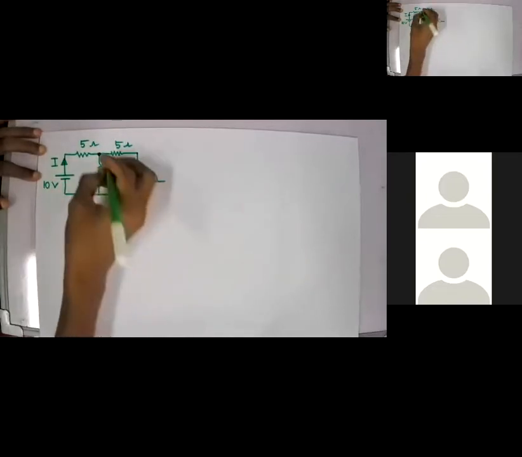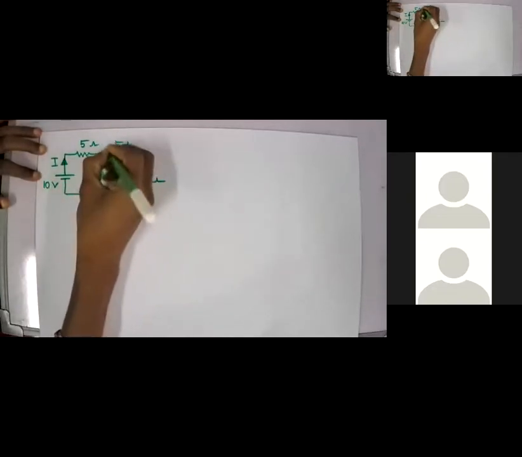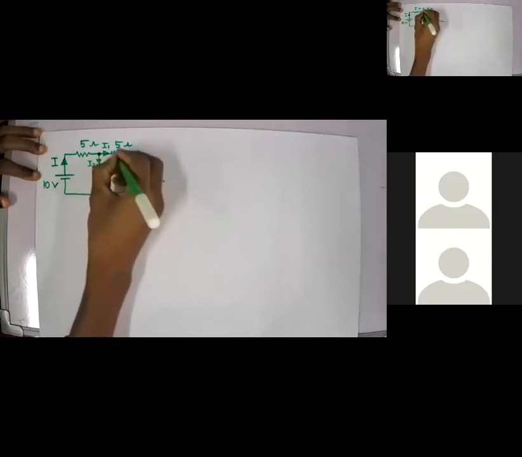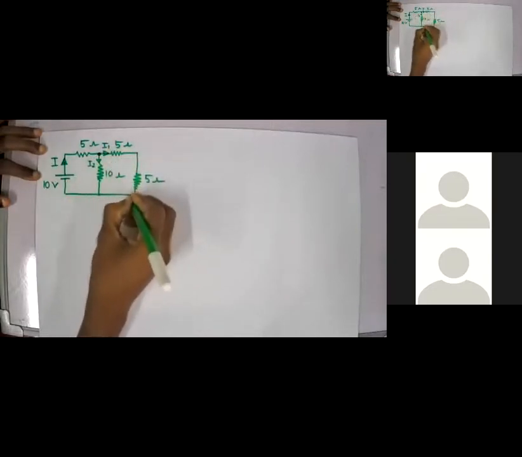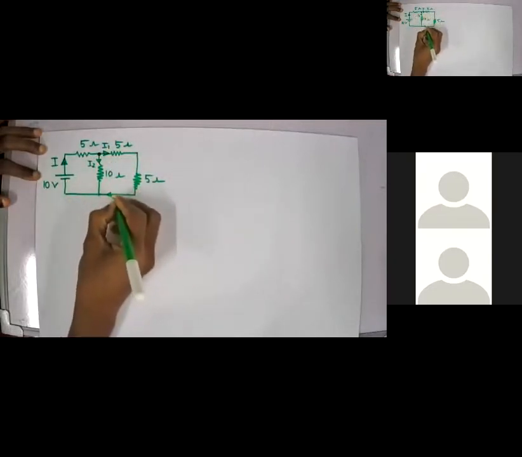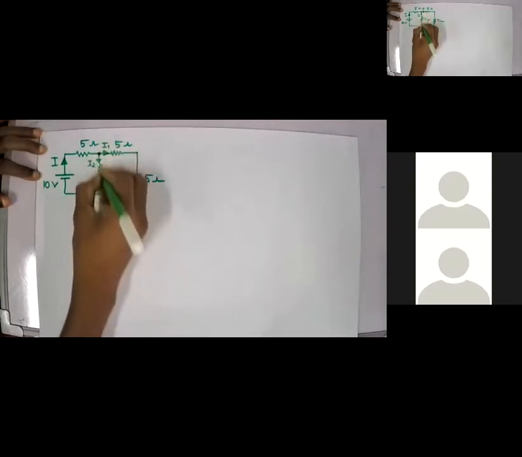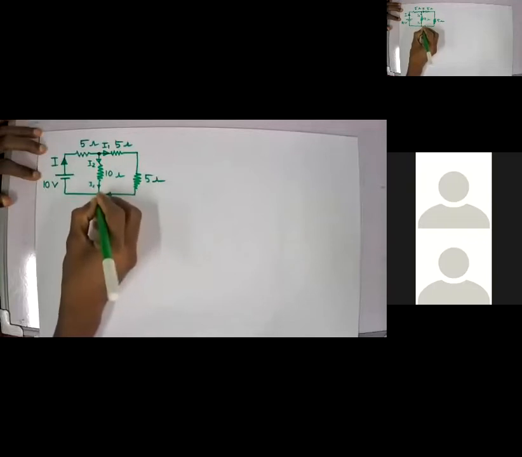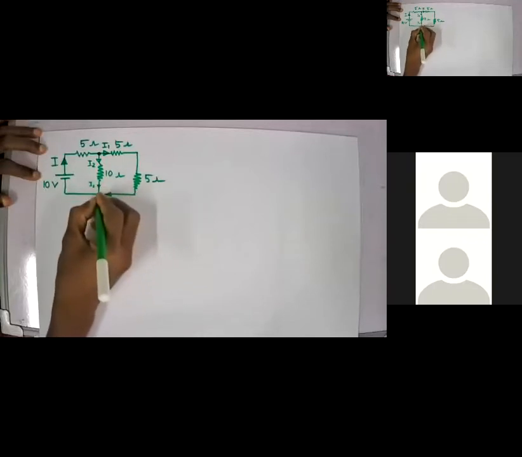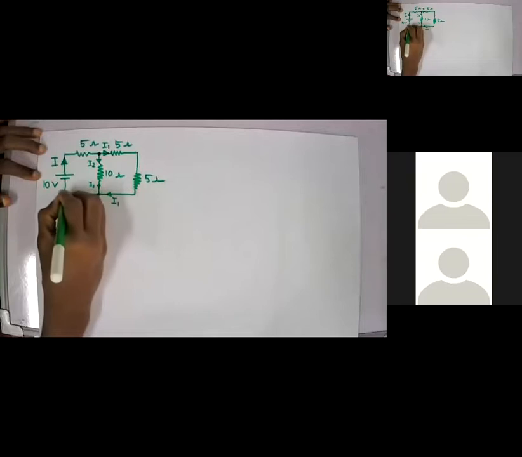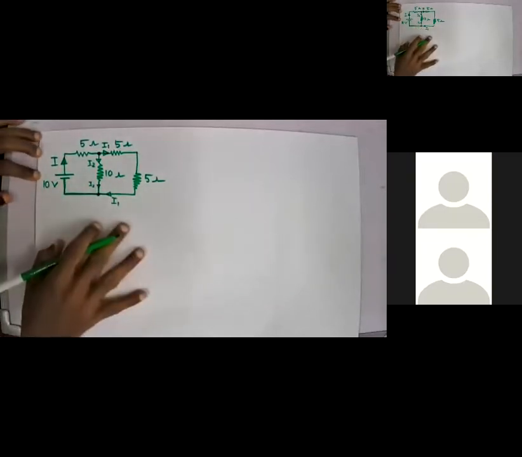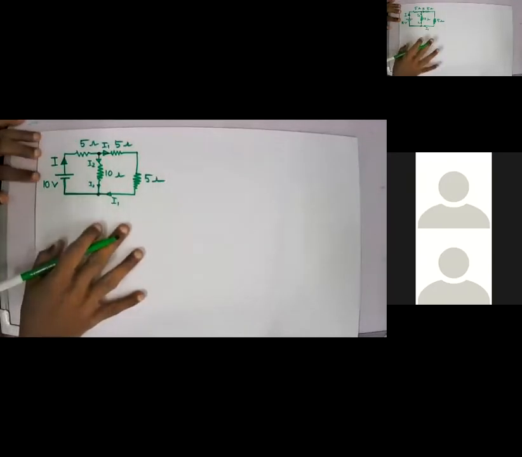So I can make it as I1 and I2. Of course this I1 will come through this resistance, and here I will have I1, and then I2 will be here, and at this node these two will again make I, and then the circuit will be completed. Clear?